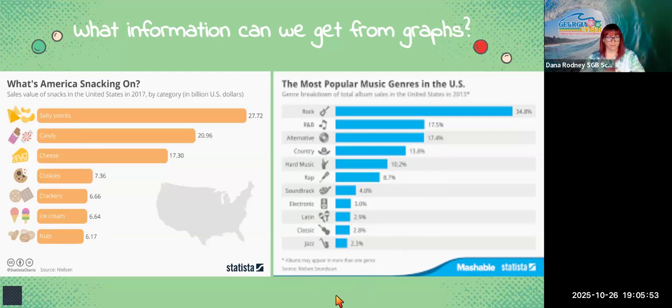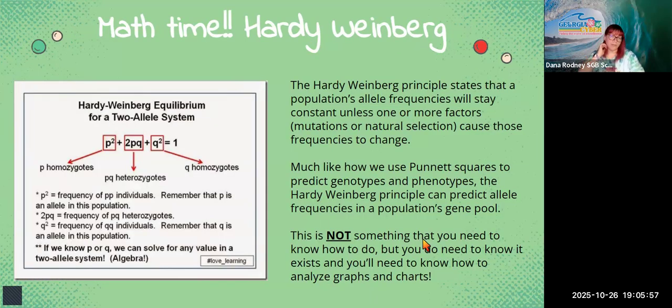And then we need to talk a little bit about Hardy-Weinberg. Hardy-Weinberg is a principle that states that a population's allele frequencies will stay constant unless one or more factors, like mutations or natural selection, cause those frequencies to change. If a population is in equilibrium, then it's also considered a Hardy-Weinberg population because nothing's changing.